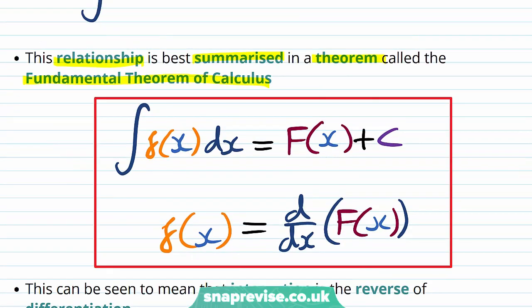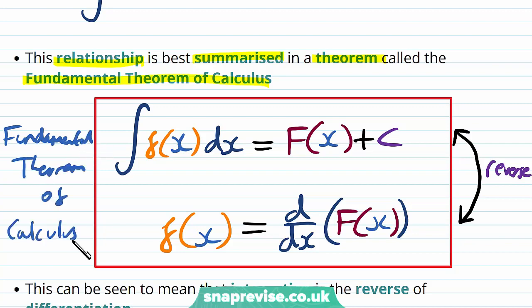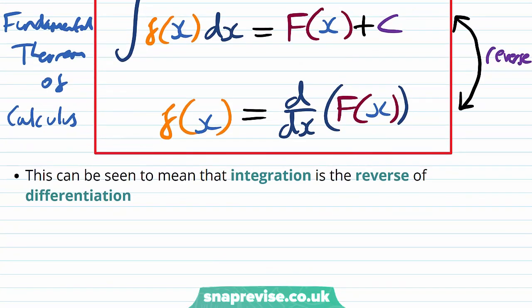In general, this theorem summarises that these two are reverses. This theorem is called the fundamental theorem of calculus. This can be seen to mean that integration is the reverse of differentiation.